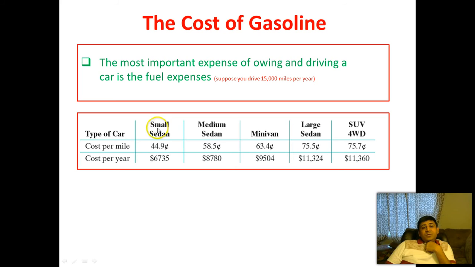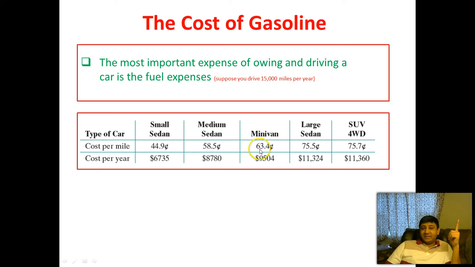If you drive a small car, a small four-door, let's say a Toyota Corolla or some Chevy Impala, the cost per mile is approximately 44 cents, okay, 45 cents. If you drive a medium sedan, it is about 58 cents.